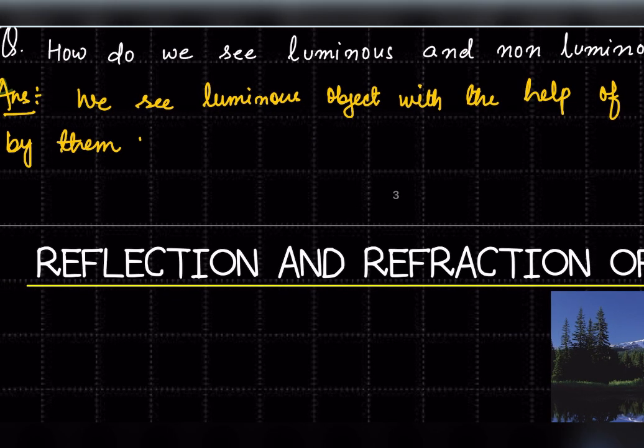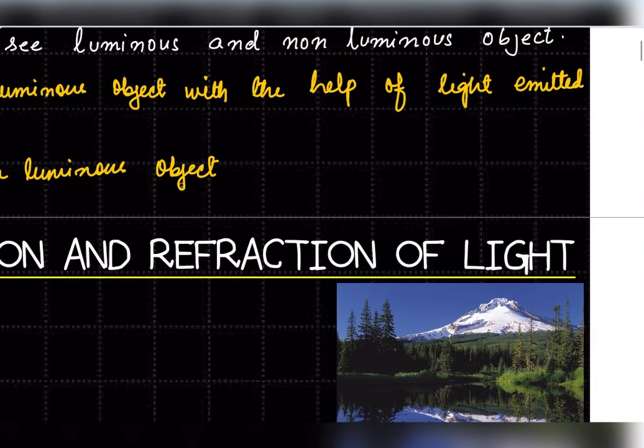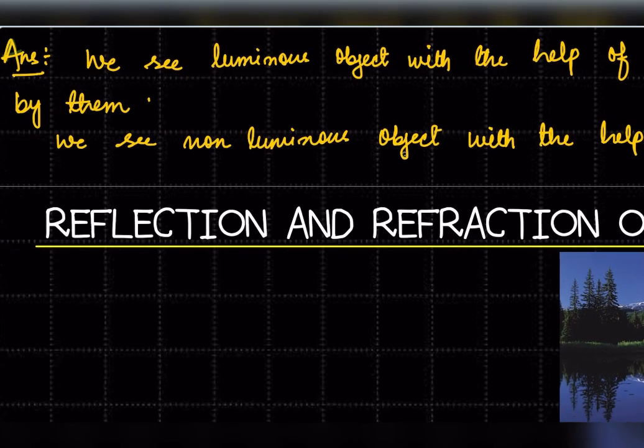Next, how do we see non-luminous objects? We see non-luminous objects with the help of light falling on them.